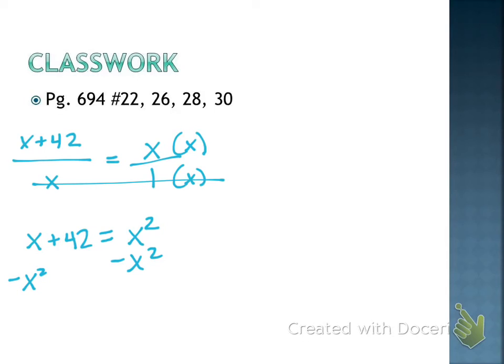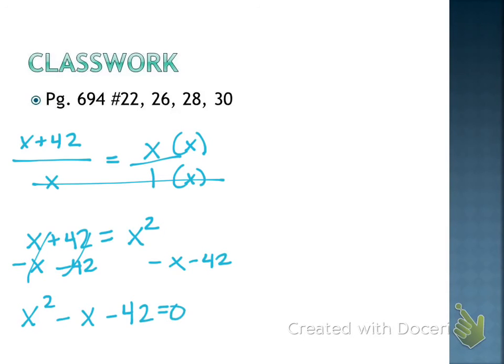Do you ever want to be left with a negative number in front of x squared? No. So let's not move x squared. What should we move? Everything else. We could subtract x. And then we could also subtract 42. We can do it all at one time. x squared minus x minus 42 equals 0.